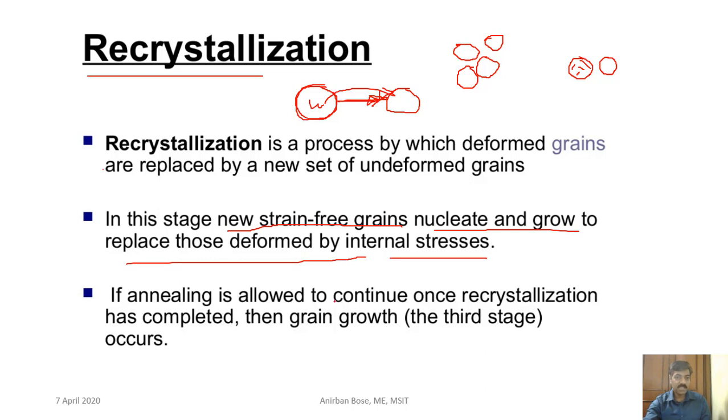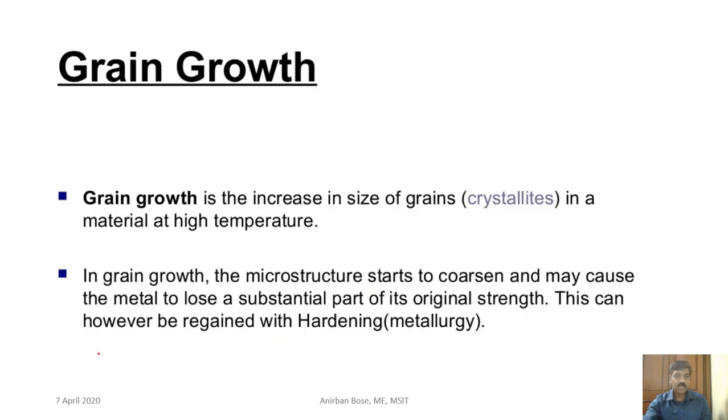If annealing is allowed to continue once recrystallization has completed, then grain growth occurs. So the next stage is what? The small strain-free grains formed because of recrystallization gradually coarsen, or their size increases, and this process is called grain growth. Definitely, with grain growth, the strength of the material decreases.